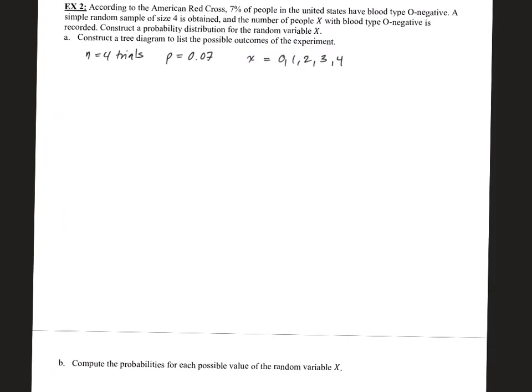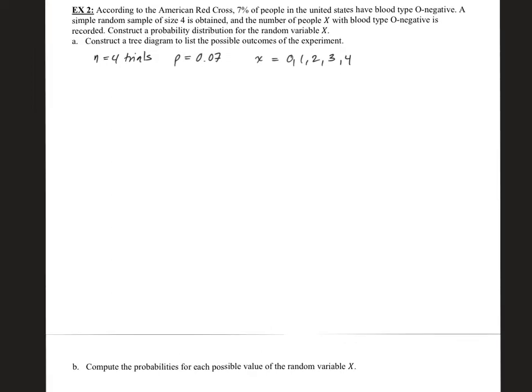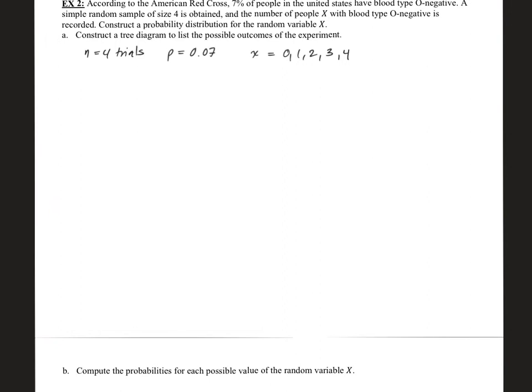So let's see. For the first trial, what are our options in the first time we pick someone? Well, it's either going to be a success that they have O negative blood type, or it will be a failure that they don't. Now, for the second trial, we have 2 options for each one again.